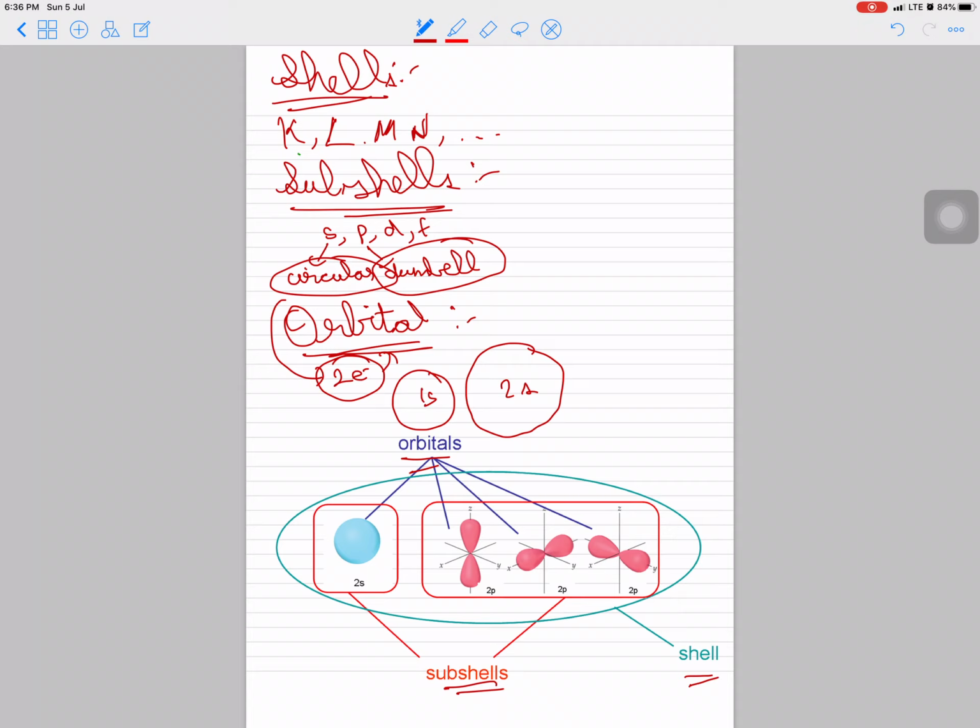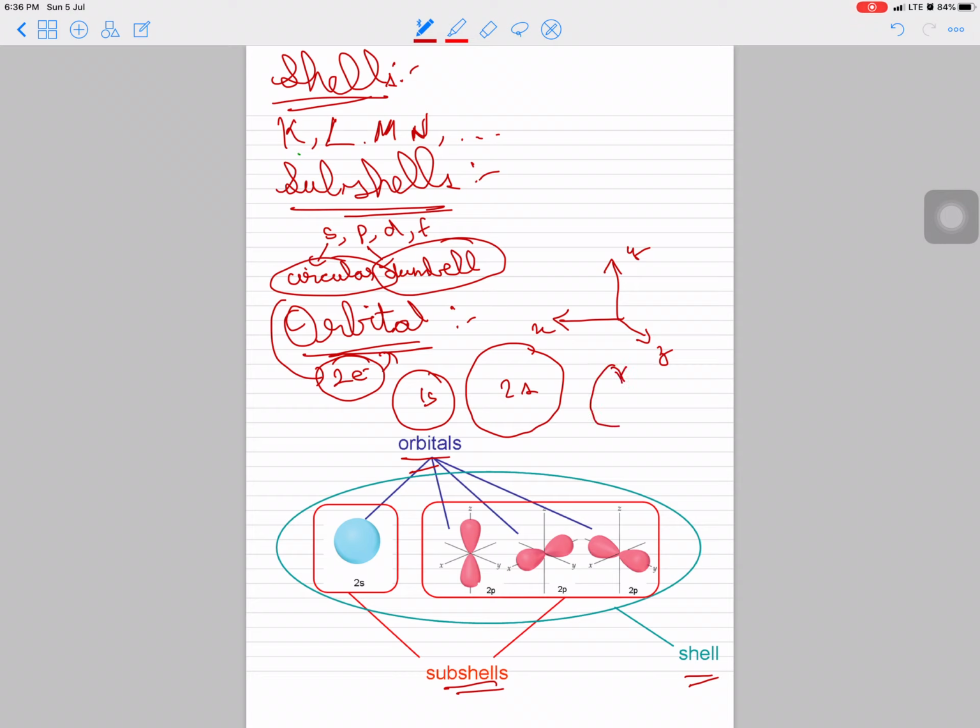It will be in the x direction, if we consider this to be z, and this to be y, and this to be x. So it will be something like this. This is z, this is x, this is y.